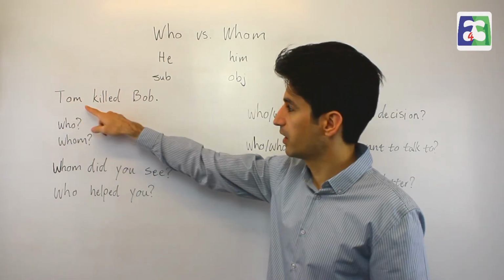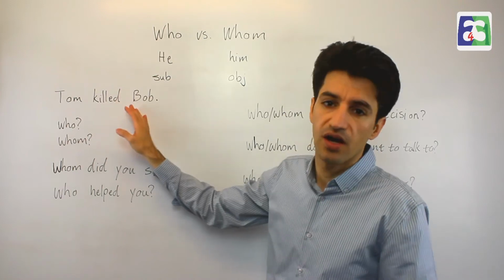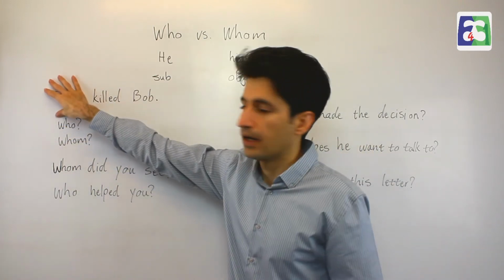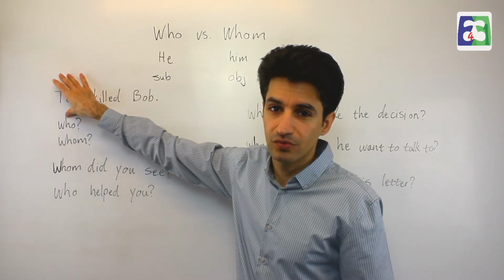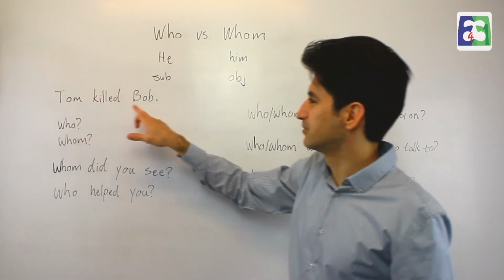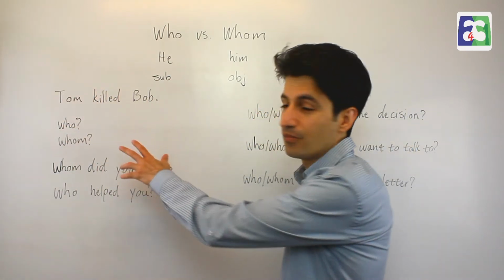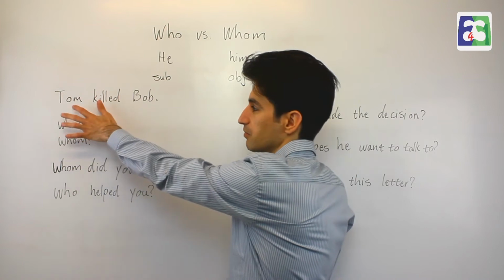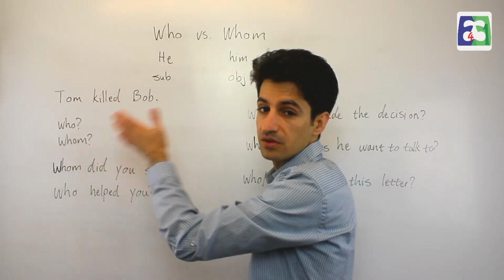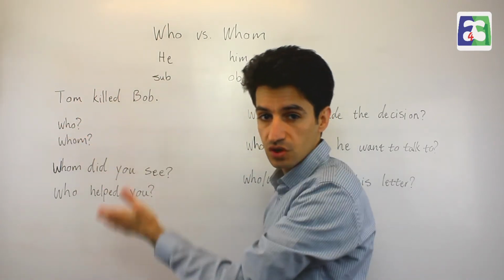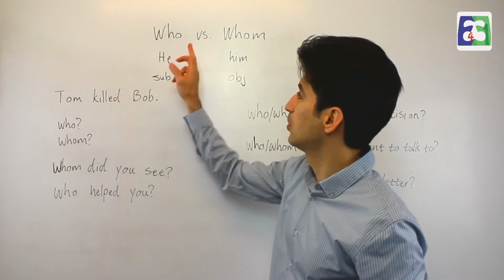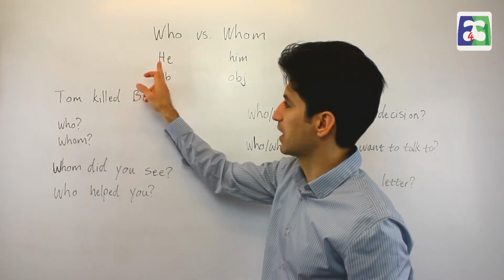Now let's say I haven't heard the first bit and I don't know who killed Bob, then my question is about the subject of the sentence, about the person who has done this. Then I ask who, and the answer is he.